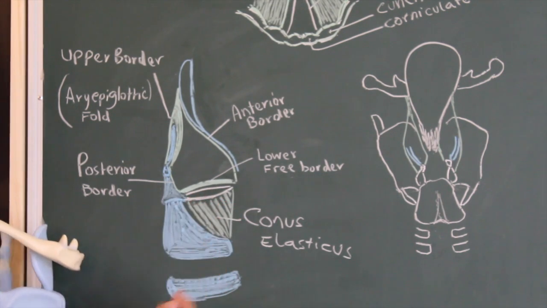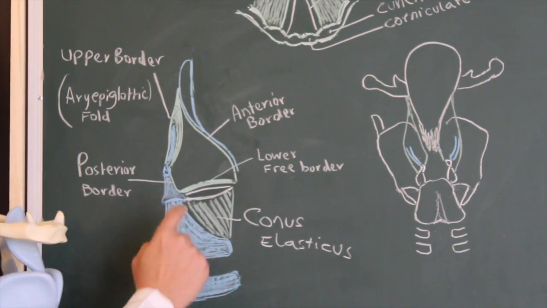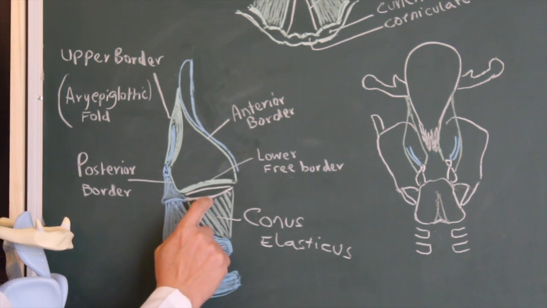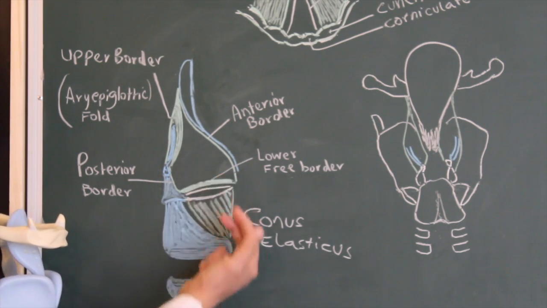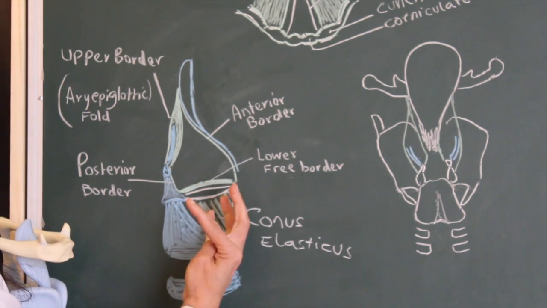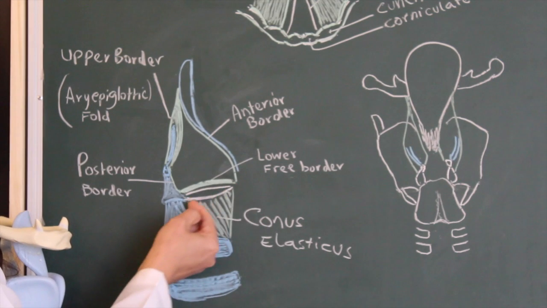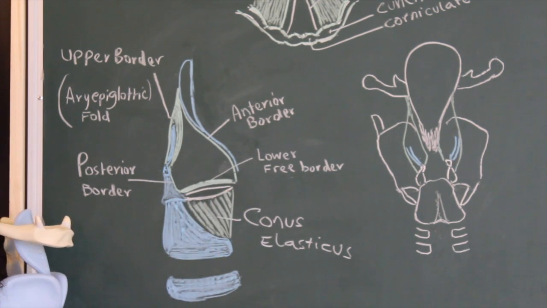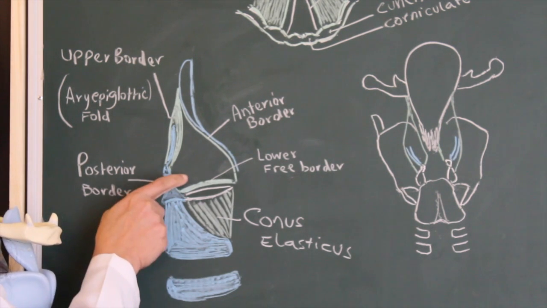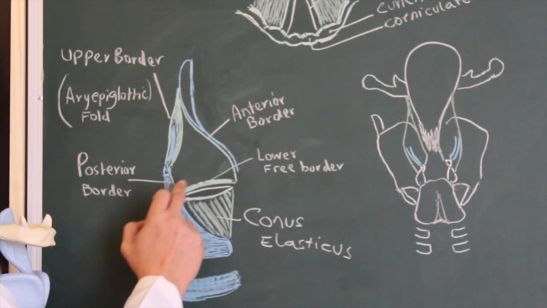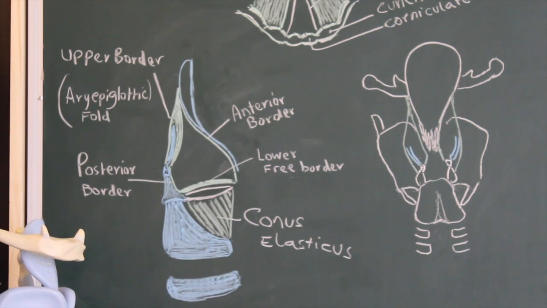If you imagine that this is a pair of vocal ligaments, one on this side, the other would be on the other side. So the conus elasticus is expanding and giving rise to two free superior margins, the vocal cords. And on top of that would be the vestibular ligament, which is the free margin of the quadrangular membrane.